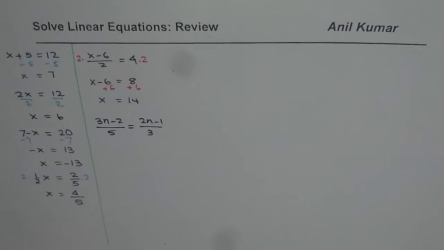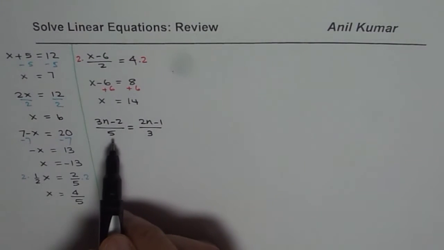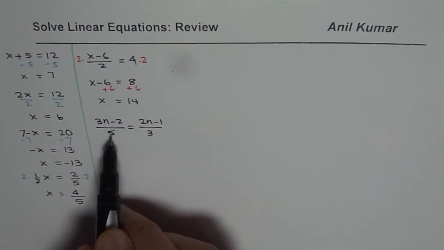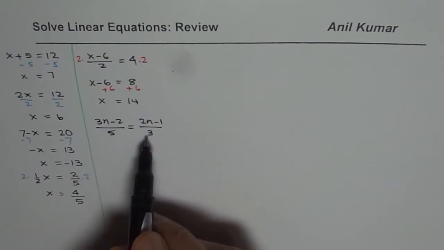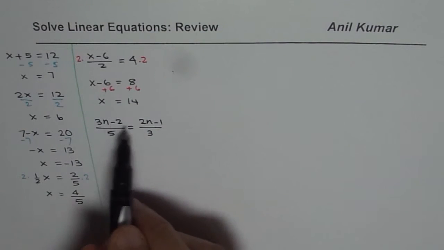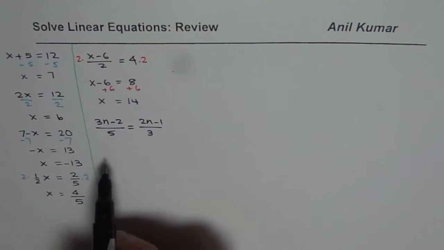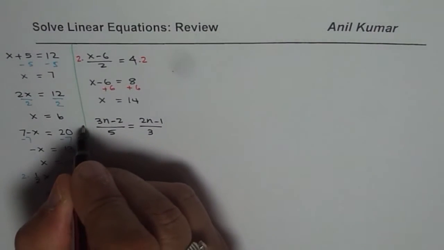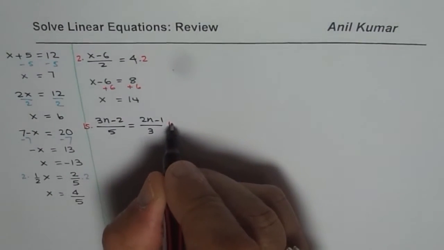Now it becomes difficult. In this case, what is the common factor? I should say the least common multiple which we should multiply by so that both become linear equations without any fractions. The number is 15. So if I multiply both sides by 15, then what happens?